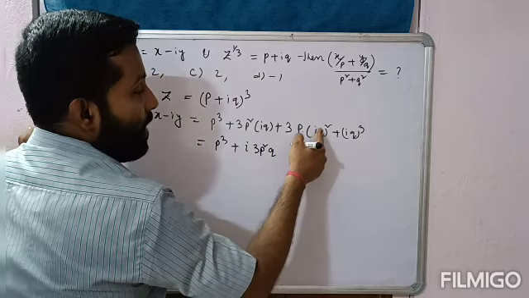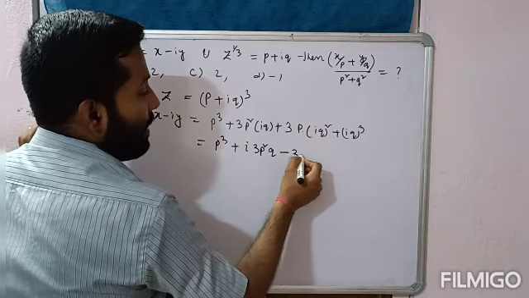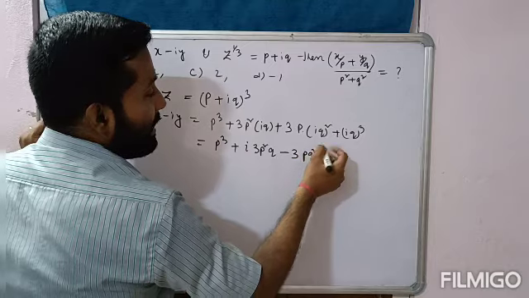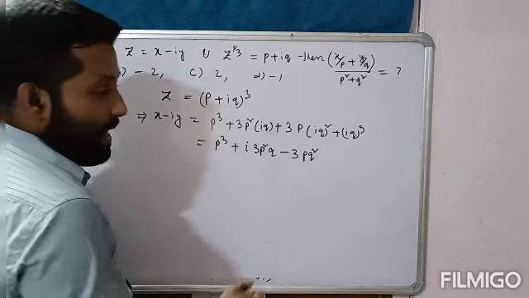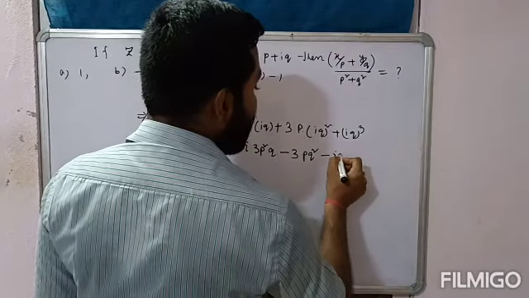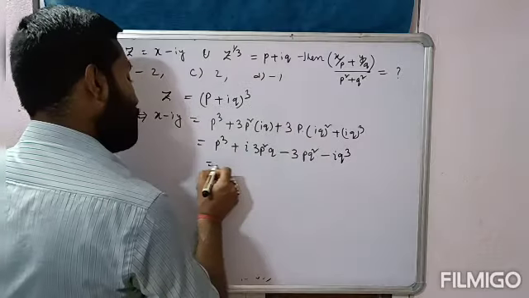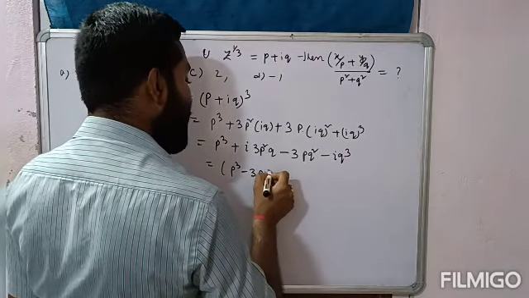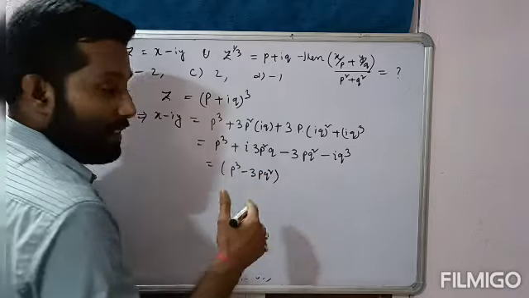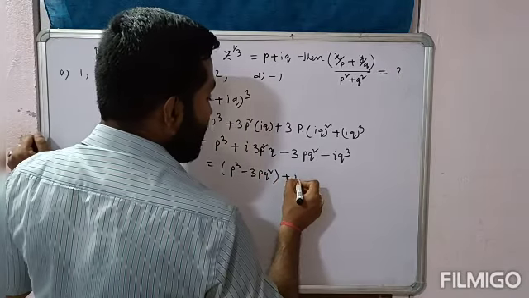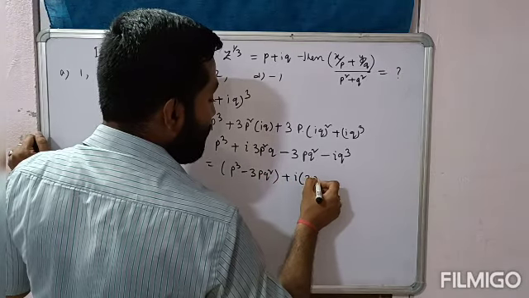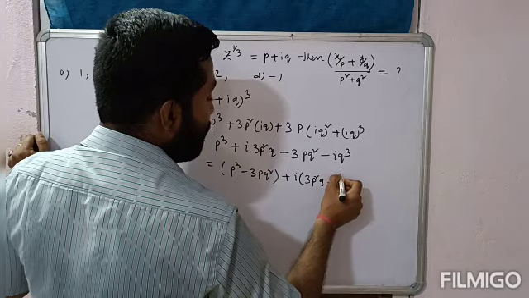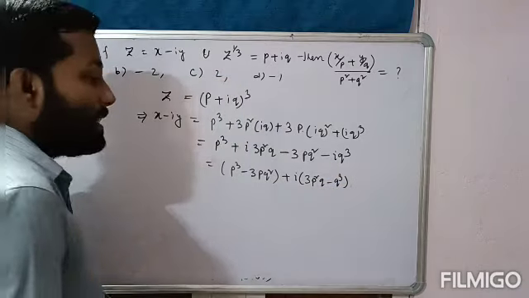The value of i square is minus 1, so it will become minus 3pq square. The value of i cube is minus i, so it becomes minus iq cube. So p cube minus 3pq square, this is the real part. And then plus i into 3p square q minus q cube, ये हो गया इमेजिनरी पार्ट.